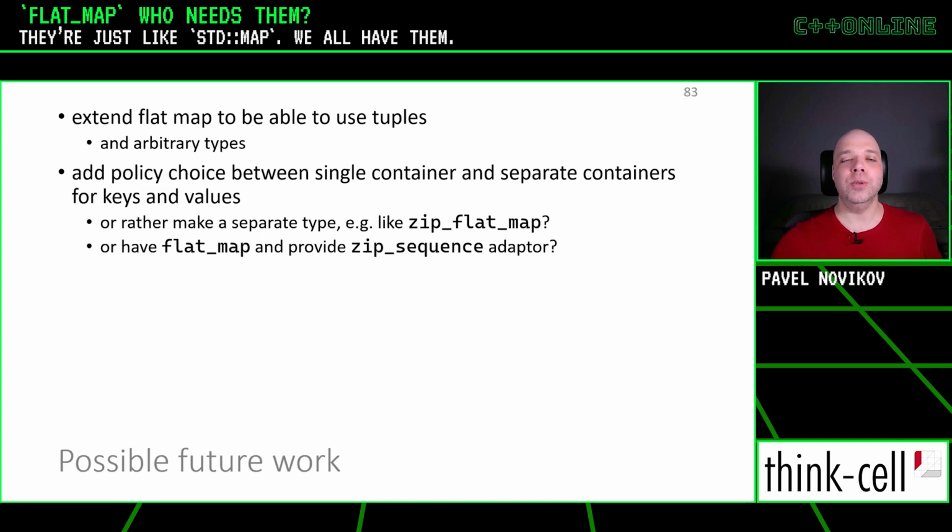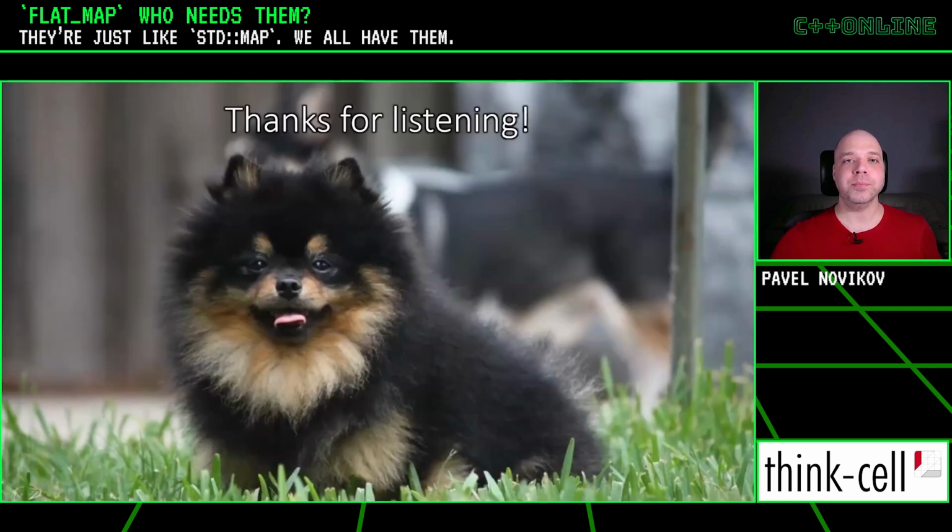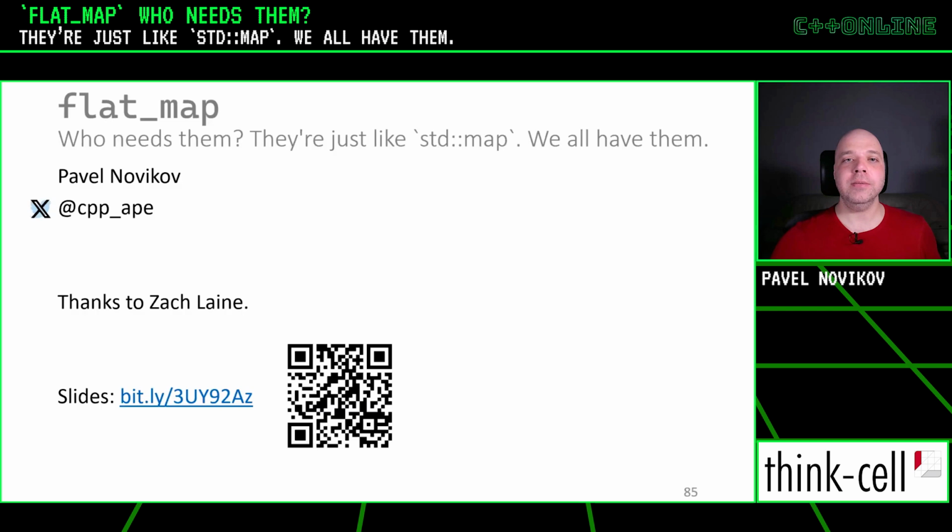Or maybe we can have different types like zip flat map for separate containers and flat map for single container. Or maybe we can decompose the current implementation of flat map into flat map that uses one container and a zip sequence adapter that adapts two containers into one sequence that can be used by the flat map. And that's all. Thanks for listening.